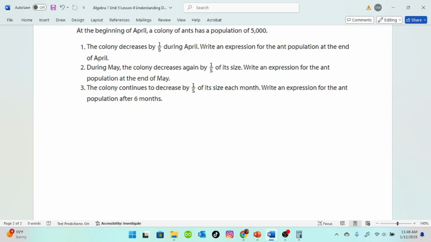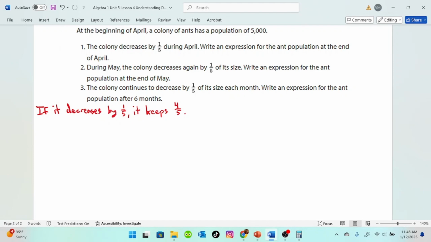So, first we need to understand that if it decreases by 1/5, it keeps 4/5.